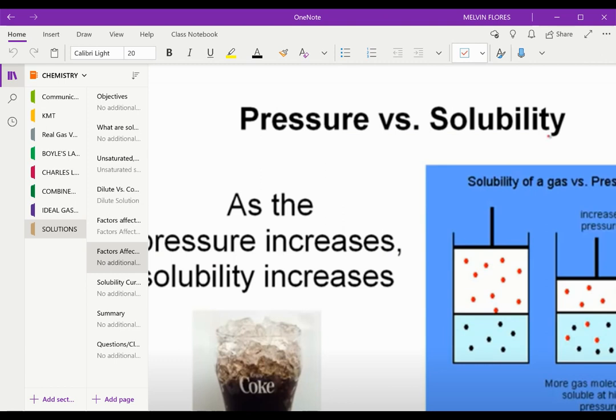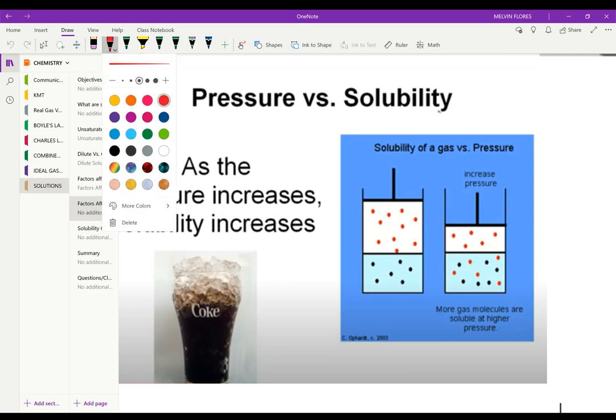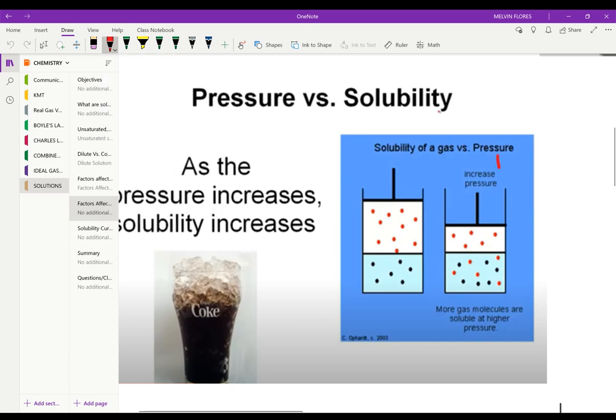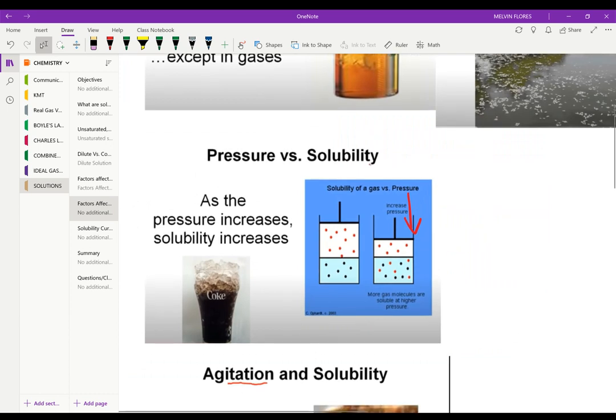As you can see in this example, as you compress, you are increasing the amount of pressure on the solution, and most of the gases are dissolved in the solution right here. So that's the effect of pressure on the solubility of solutes in a certain solvent.